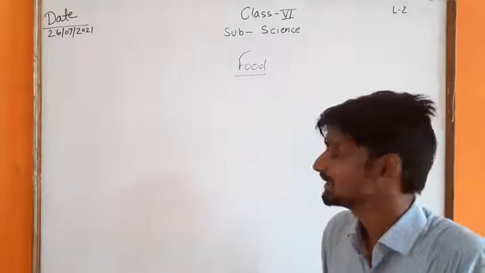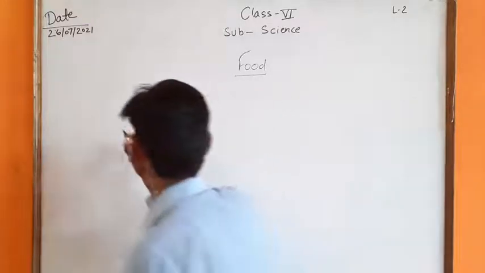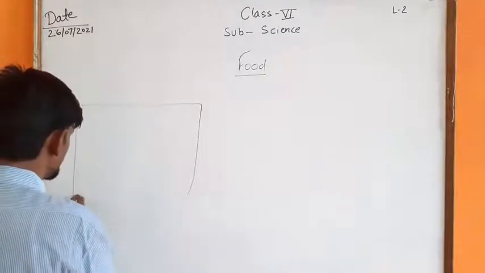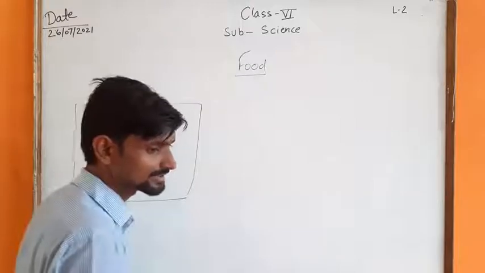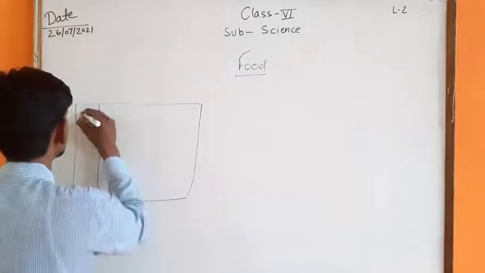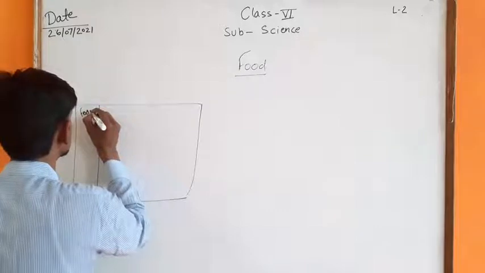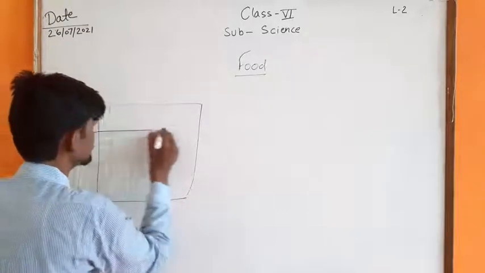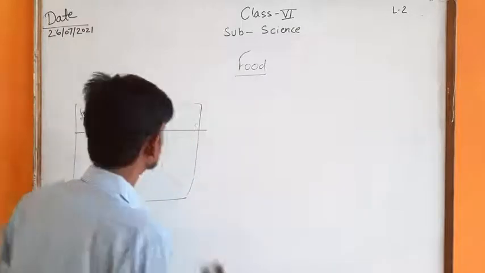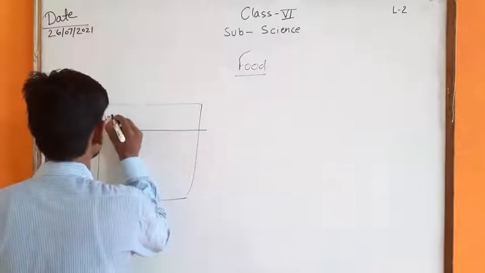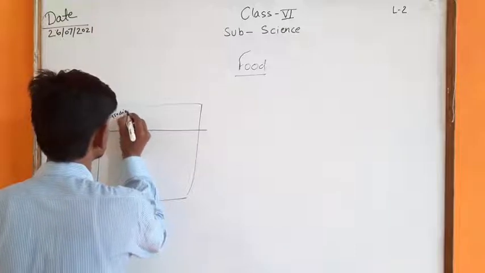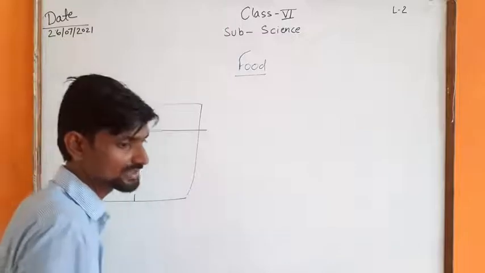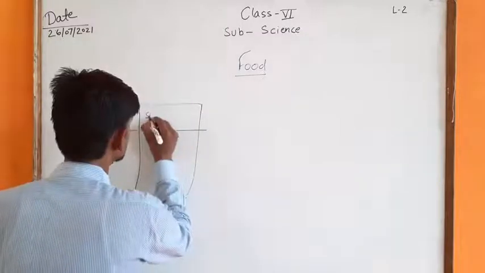So today we will see that you have prepared a table also like this, with the food item, the ingredients used to prepare this food item, and the source of the ingredients.